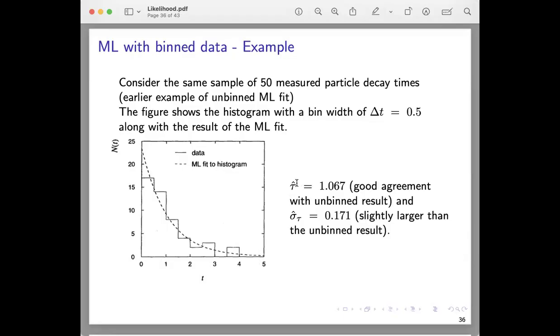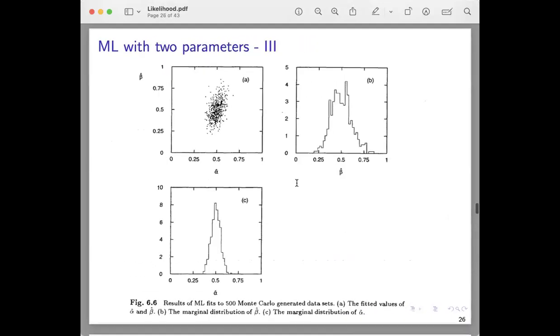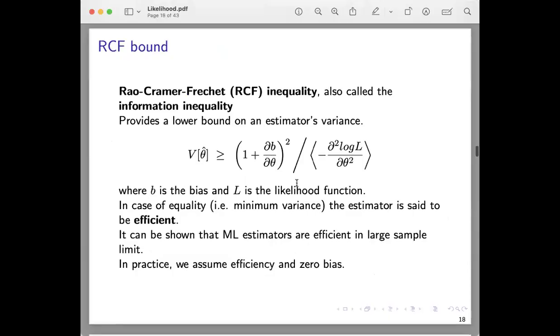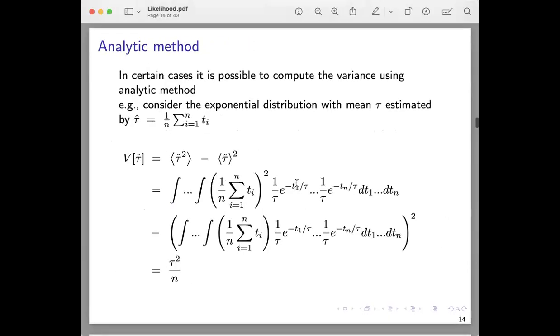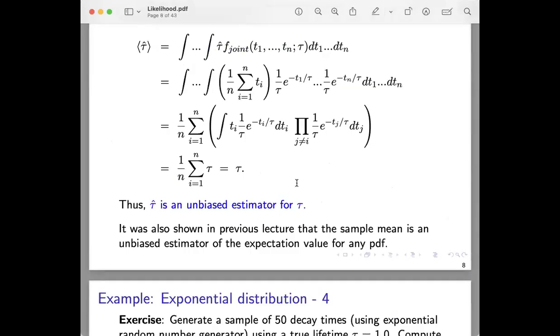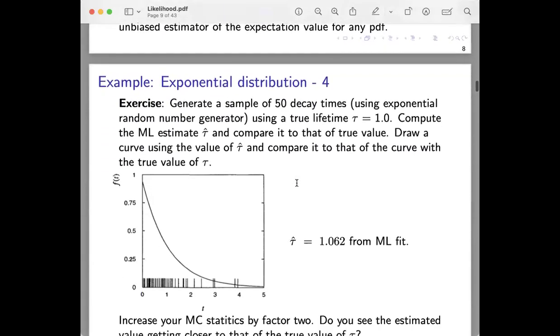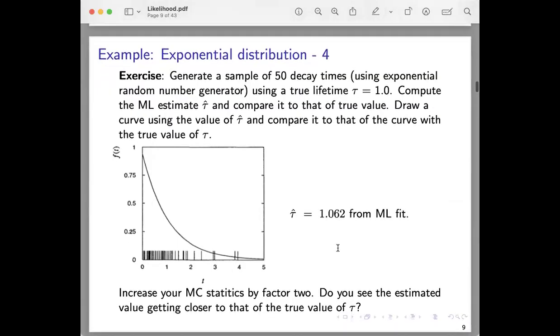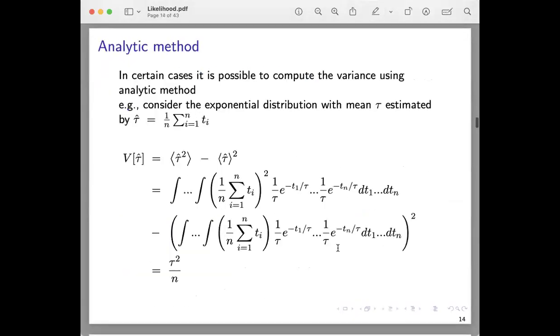This is pretty close to what we got from the unbinned result, which was 1.062.